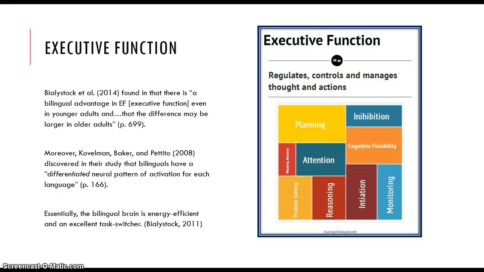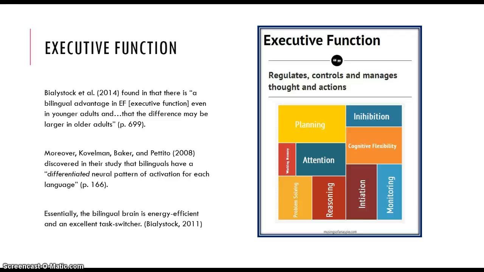Another study by Kovelman, Baker, and Petitto found that bilinguals actually have a differentiated neural pattern of activation for each language. They did a study utilizing a functional MRI machine, and what they found is when people were functioning in one language, their brain lit up in a different way as opposed to their second language, showing that each language kind of has its own blueprint in the brain.